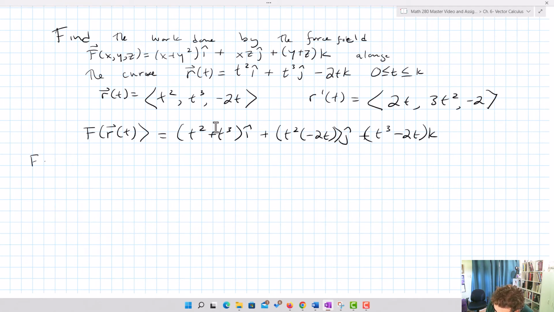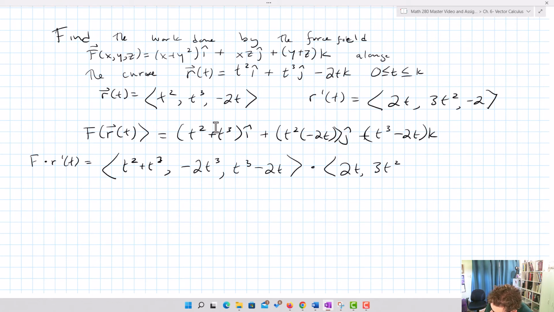So F dot r prime of t is going to end up equaling (t squared plus t cubed), negative 2t cubed, and (t cubed minus 2t) dotted with 2t, 3t squared, and negative 2.